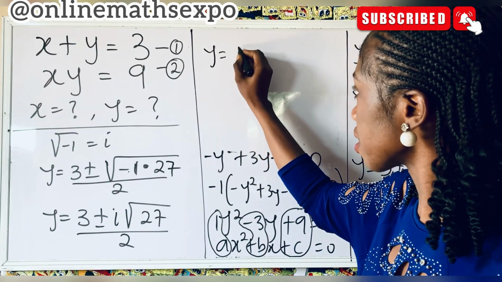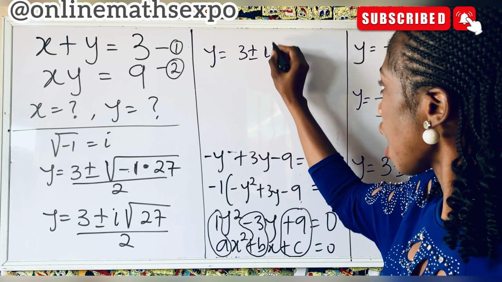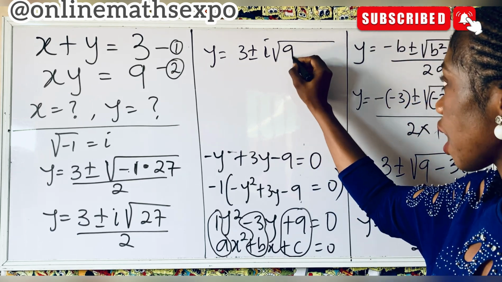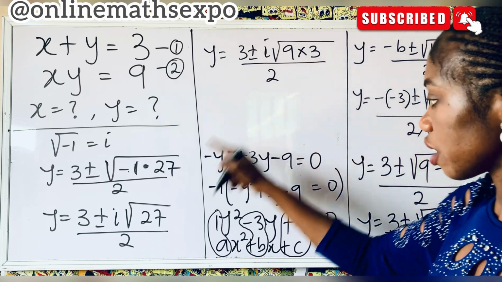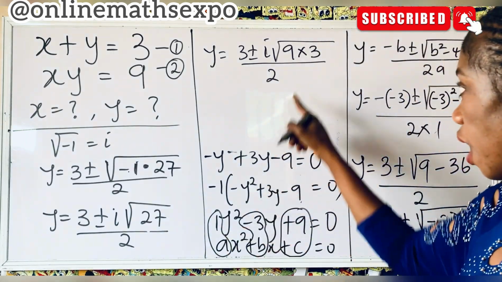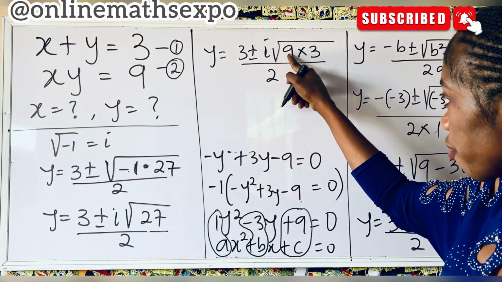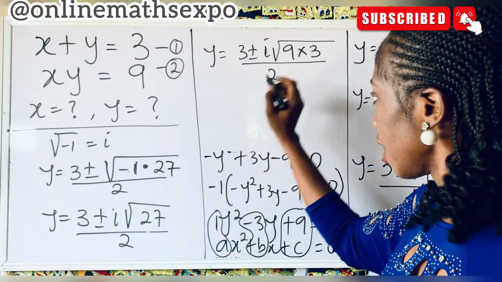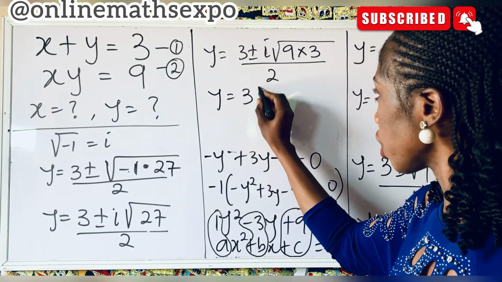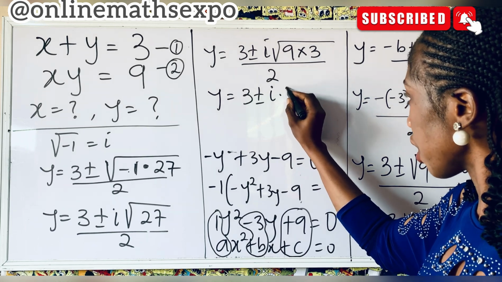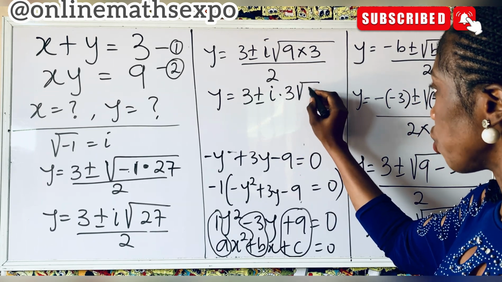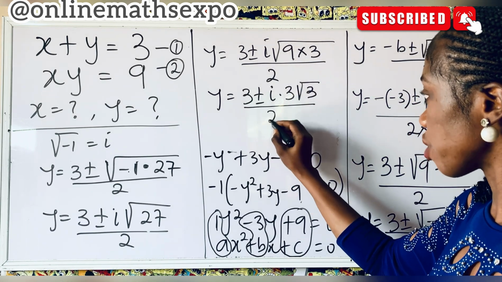So we have y is 3 plus or minus i, then square root of 9 times 3, all over 2. When you multiply 9 by 3, it will give you 27. And 9 is a perfect square, so its square root will be 3. So we have y is equal to 3 plus or minus i, you bring the 3 out from here, then the root 3 will remain in the root, and this is all over 2.